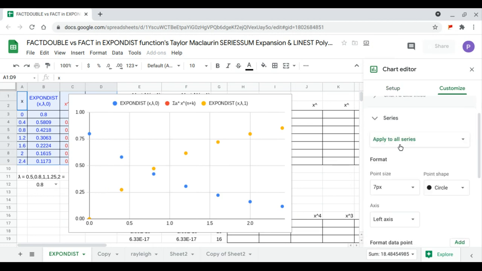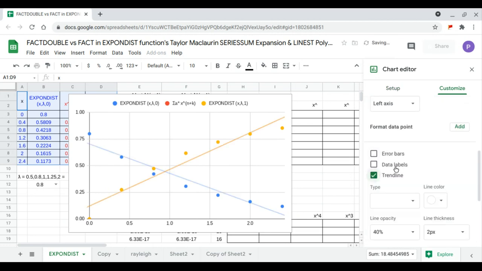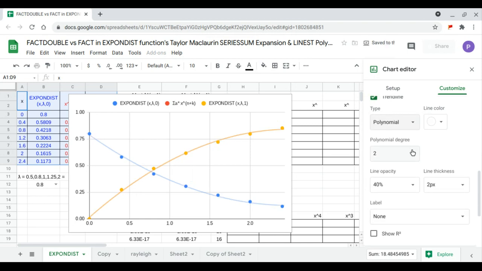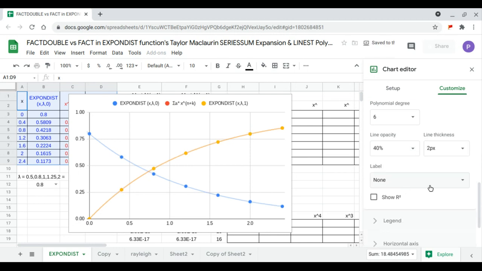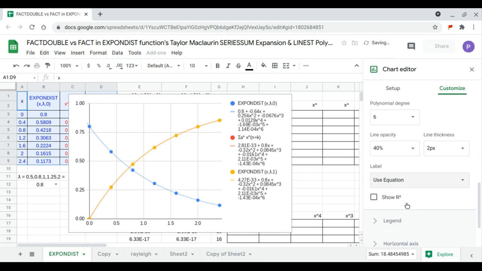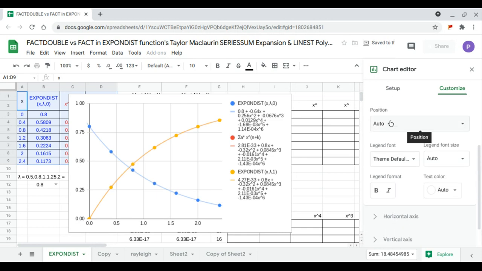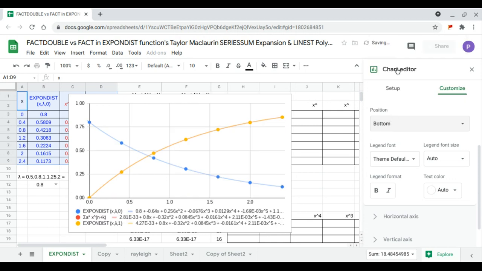And for the series, you show the trend line polynomial to the 6th degree and use the equation as label. For the legend, position at the bottom.